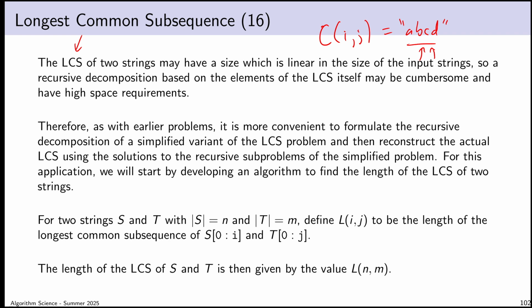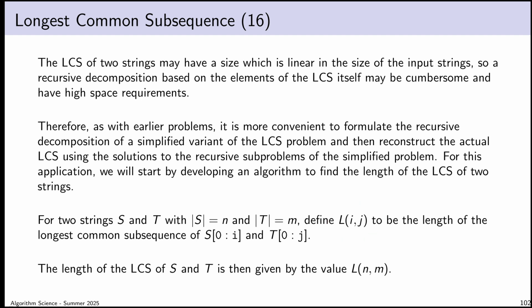So instead, I'll do what I've done in earlier problems, where I develop a recursive decomposition for some easier proxy property of the problem. In this case, I'm going to use the length of the longest common subsequence, not the sequence itself. I'm going to work out a table of values for L of ij.